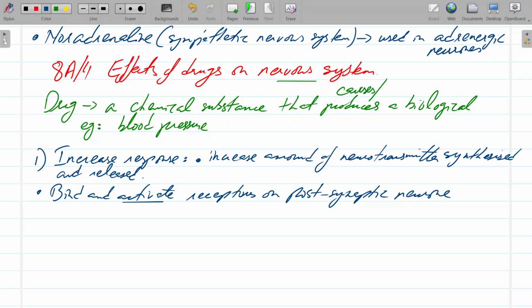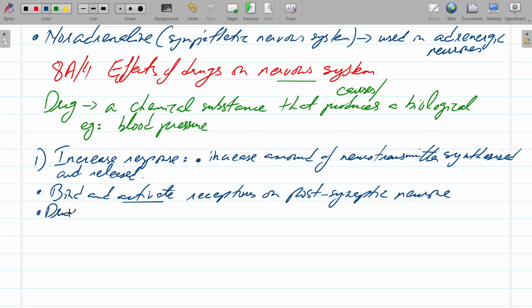What they also do is, because it's a drug, it prevents the degradation of the neurotransmitter, or prevents the reuptake of the neurotransmitter into the presynaptic knob.